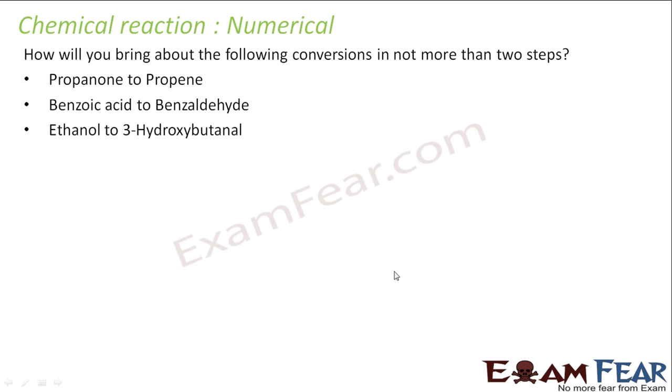We'll do some numericals now. The first question says, how will you convert propanone to propene? So I have propanone, and I have to convert this to propene, the double bond. How can I do this?